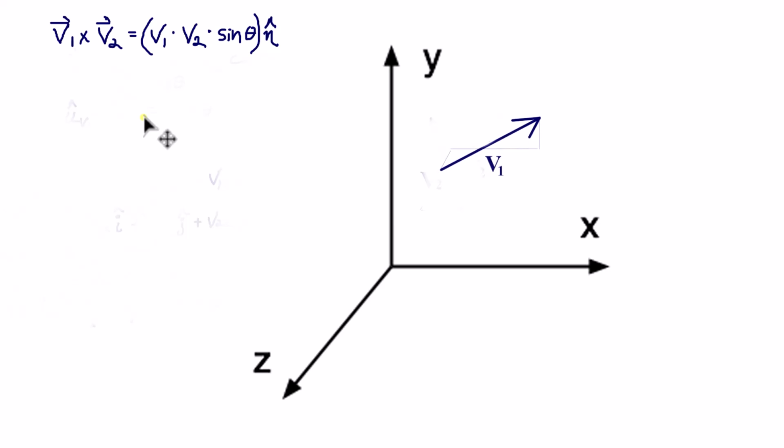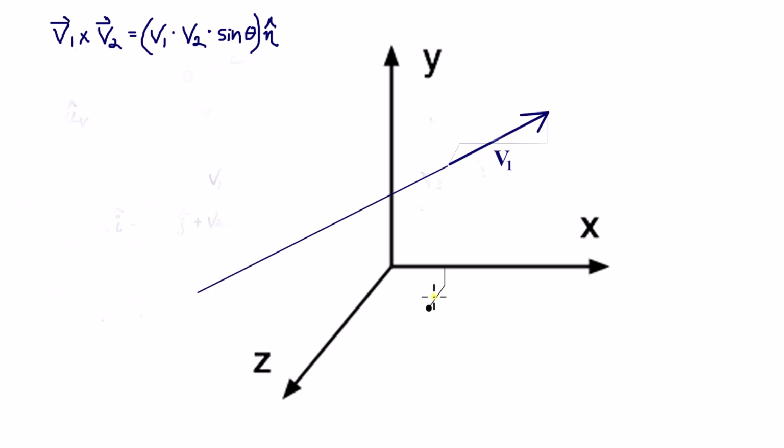So we still have V1 here. Let's imagine that V1 is a force. Now here's a point. If V1 is a force, we want to determine the tendency of this force to cause rotation about this point. How do we do that? Well, here's the line of action of the force.